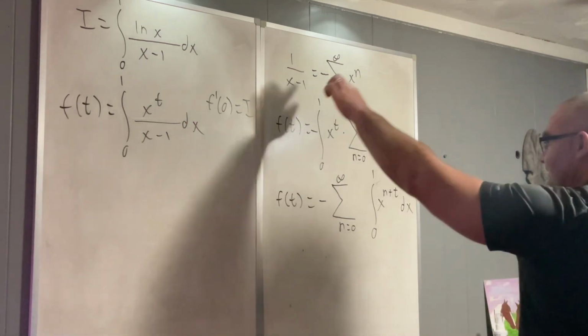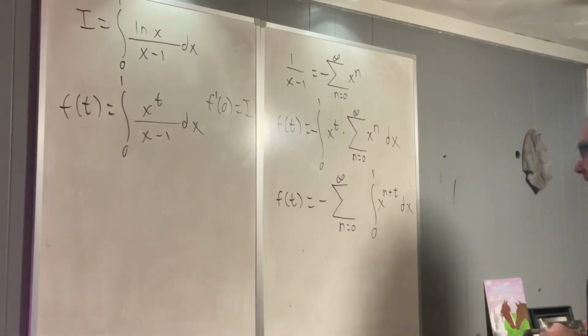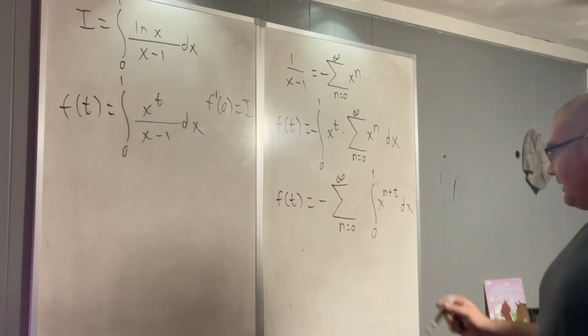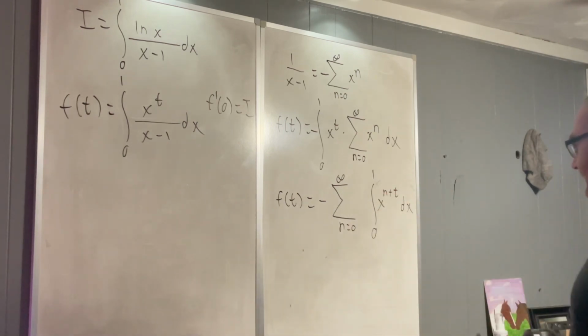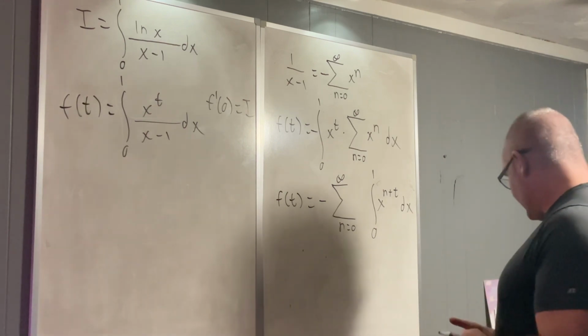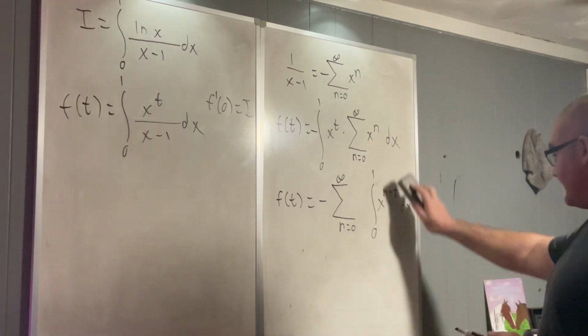Because we just switch these around and then combine these. So we have the negative sum from n equals 0 to infinity of the integral from 0 to 1 of x to the n plus t dx. So that will evaluate this right here.